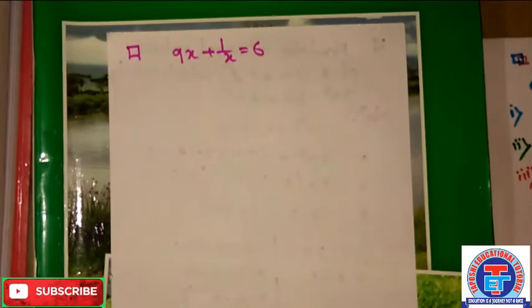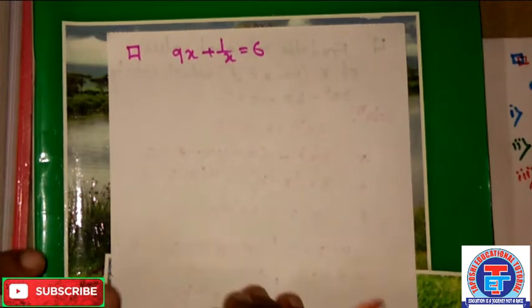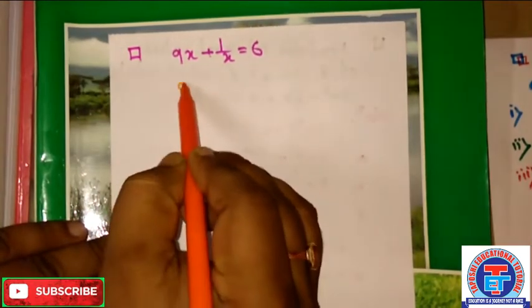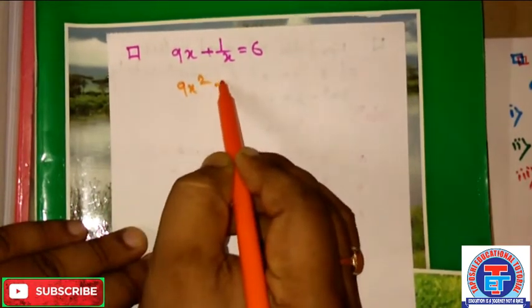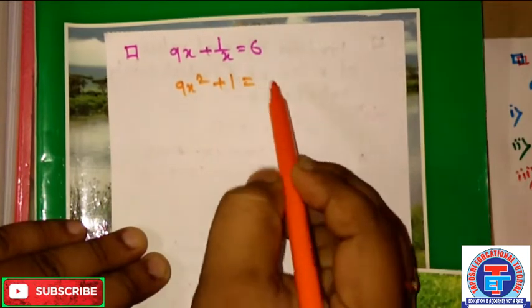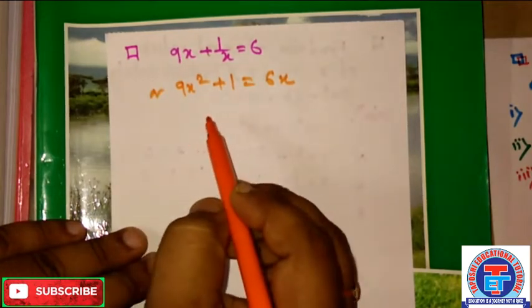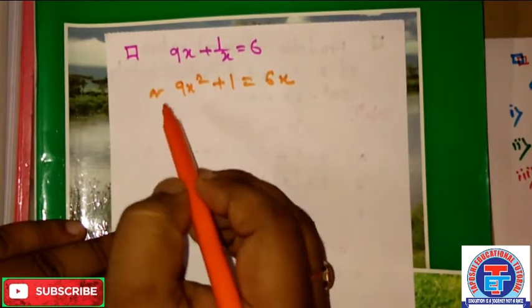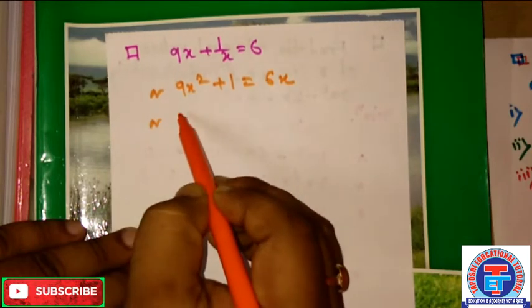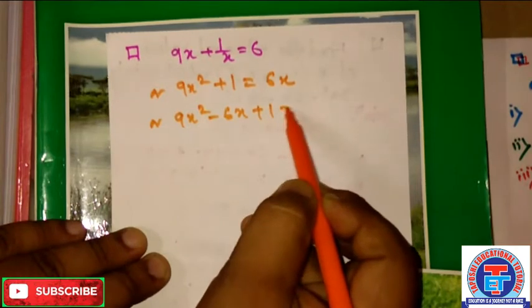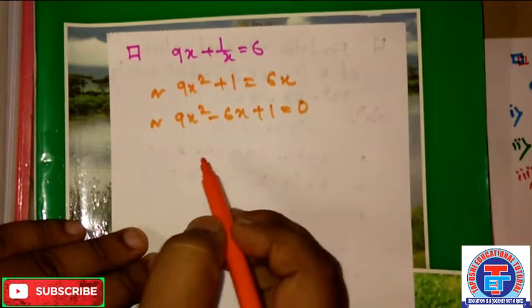Now my dear student, here another problem is there, so we try to solve this problem. So let's start how to solve this problem. So first we write this one here, 9x square plus 1 is equal to 6x, right? So it will become 9x square minus 6x plus 1 is equal to 0, right?